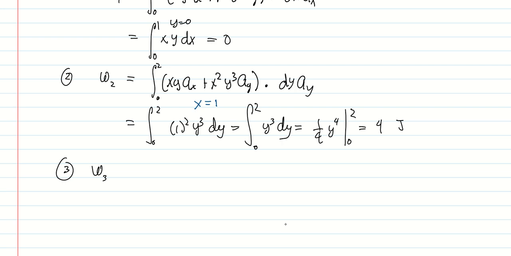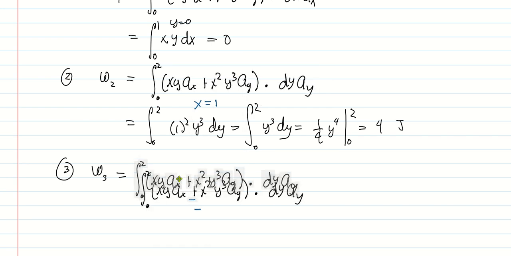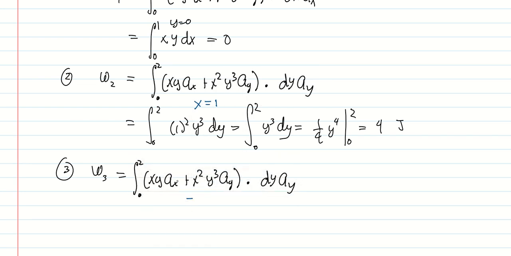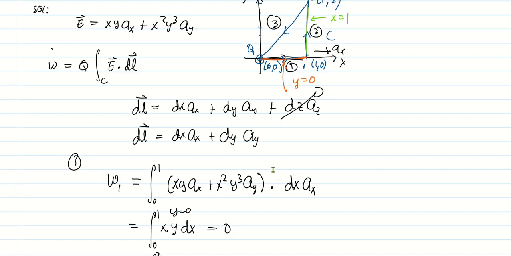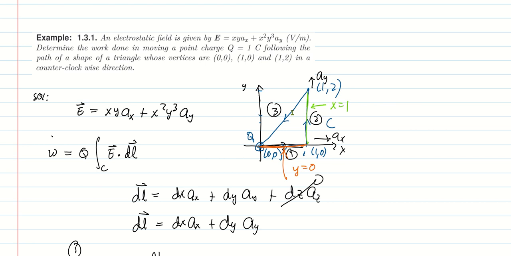W2,3 should be equal to, let's copy this again. But this time, if we look at our drawing, it's not equal 0 to 2. We need to include now both the x and the y direction, because we have a direction for y and a direction for x.